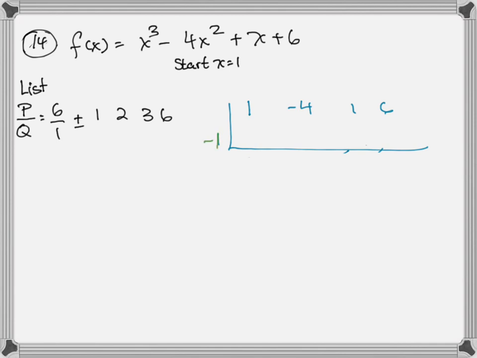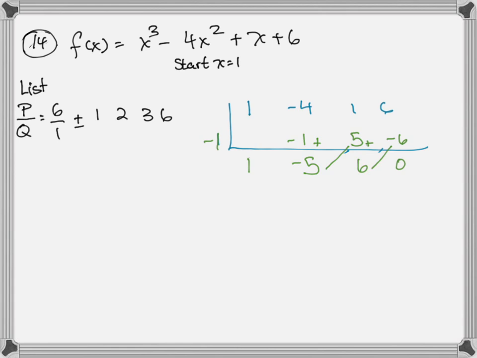Negative 1 times 1 is a negative 1. Plus a negative 4 is a negative 5. Negative 5 times negative 1 is 5. Plus 1 is 6. 6 times negative 1 is negative 6. Oh, 0. Yes, we found one. Doesn't that make you feel good?